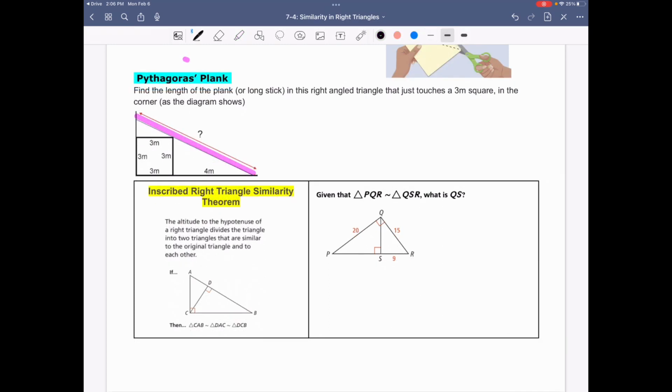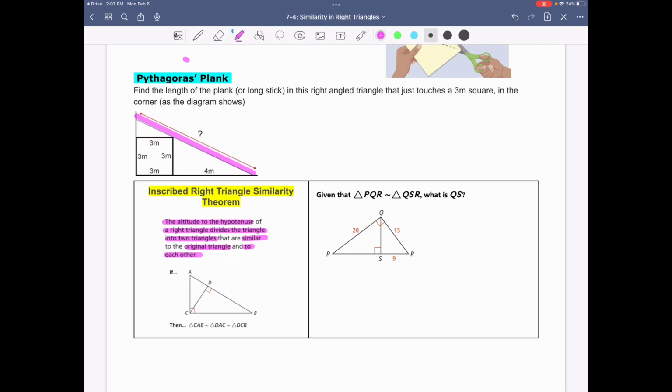To conclude our notes for today, we're going to talk about the inscribed right triangle similarity theorem. The theorem says the altitude to the hypotenuse of a right triangle divides the triangle into 2 triangles that are similar to the original triangle and to each other.